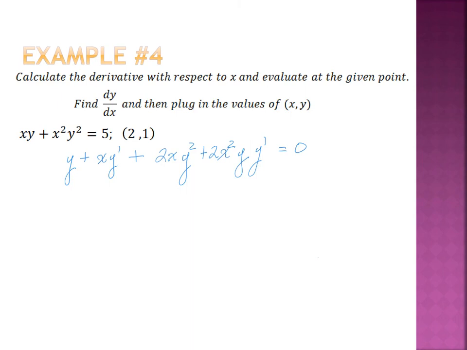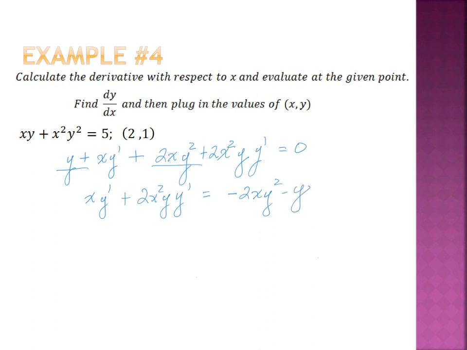So solving for y prime, I have two terms that need to go to the other side. So I have x y prime, plus 2x squared y prime, staying on the left. On the right, I have negative 2x y squared minus y.